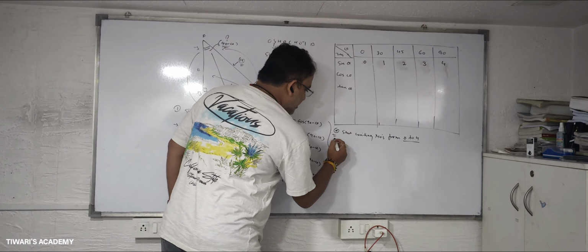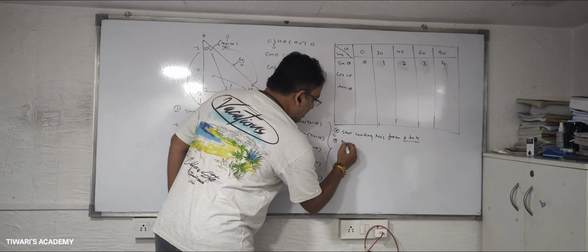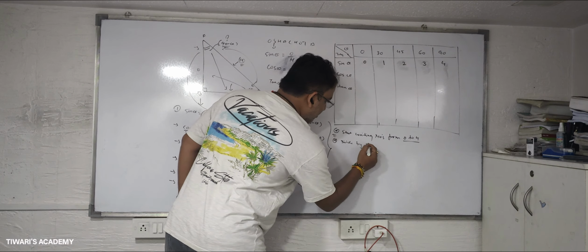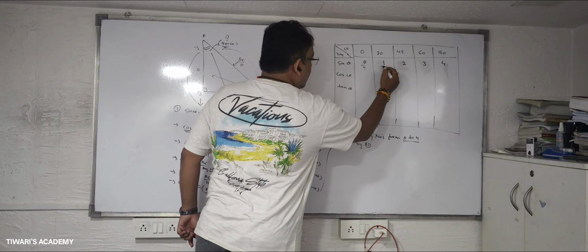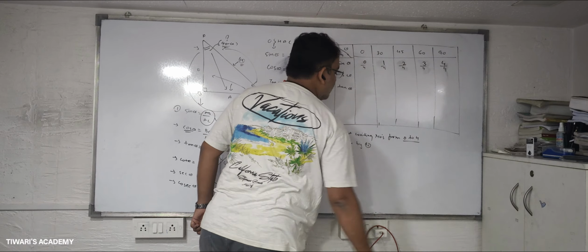Now second step, divide the entire thing by 4. So upon 4, upon 4, upon 4, upon 4 and upon 4.